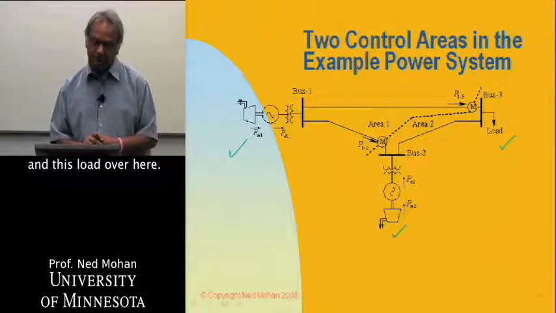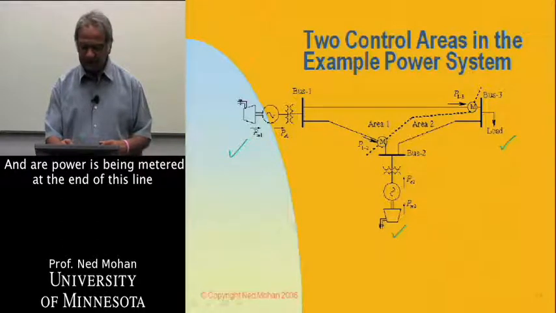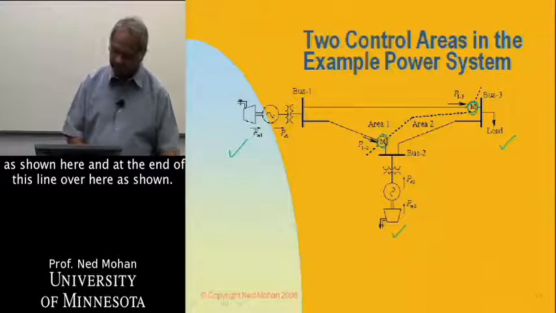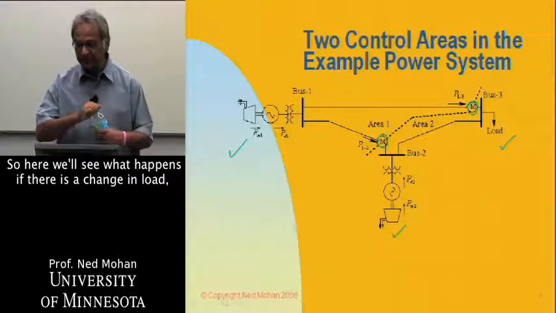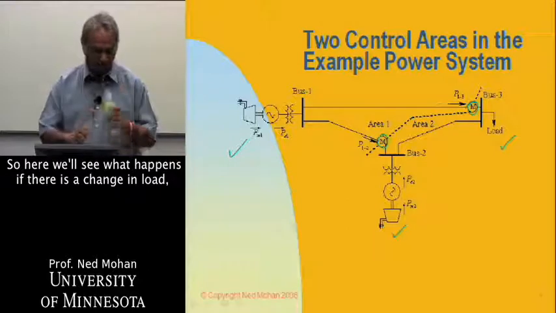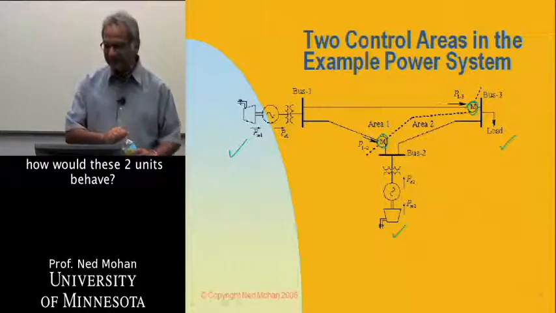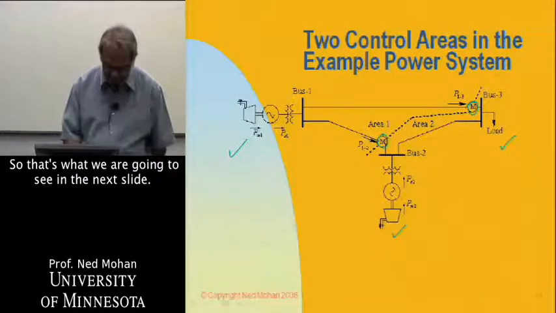The power is being metered at the end of this line as shown here, and at the end of line 1-3 as shown. So we'll see what happens if there is a change in load. How would these two units behave? That's what we are going to see in the next slide.